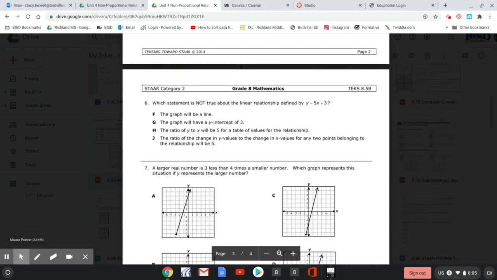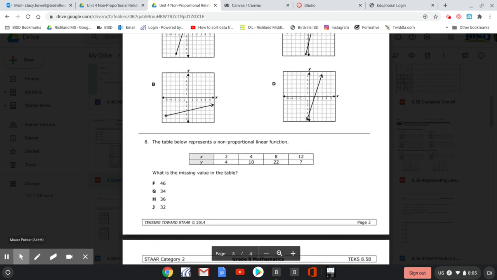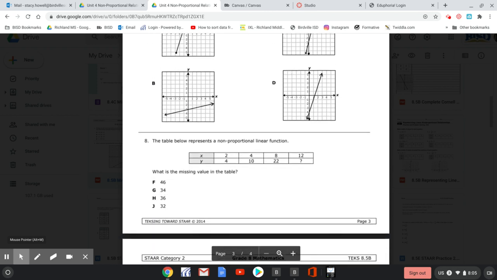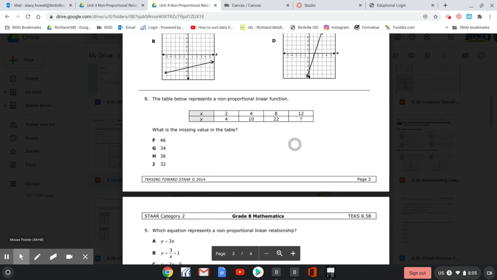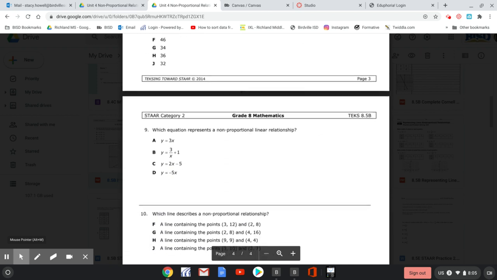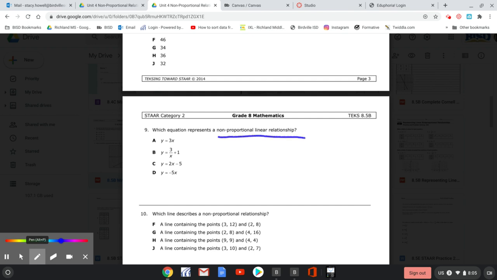Let's see what else. We don't want to do that. We don't want to do that. We did one like this, but that won't be on the test. Number 9. What is a non-proportional relationship? We are looking for y equals mx plus b. We have 2 numbers.